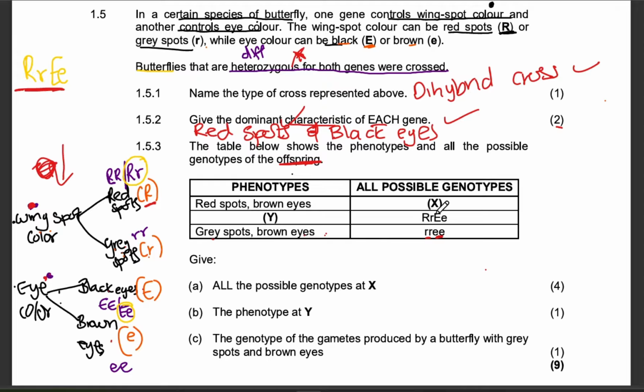Now for the Y that you need to answer, you are given capital letter R, small letter r, which is red spots. But you're not done. For the E, it's capital letter E, small letter e, there it is, black eyes. So this offspring's phenotype is red spots and black eyes.